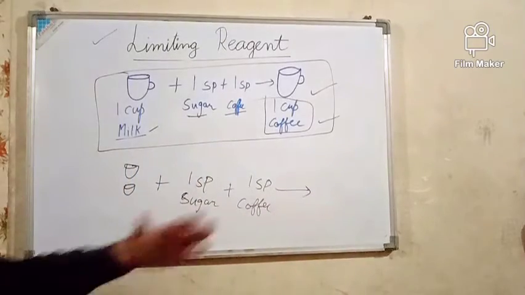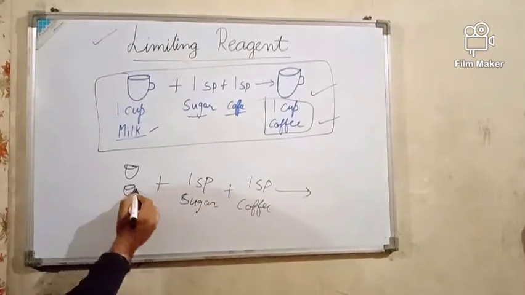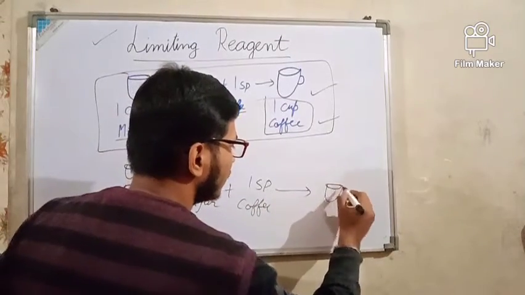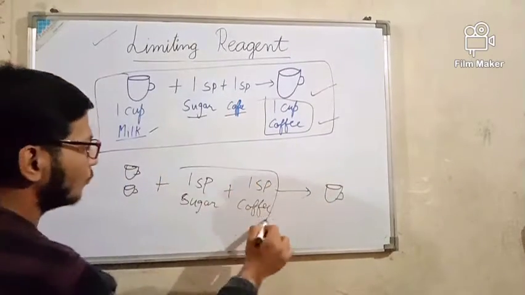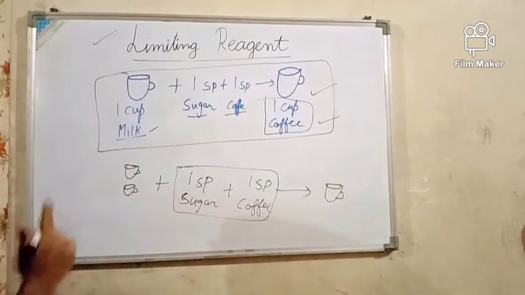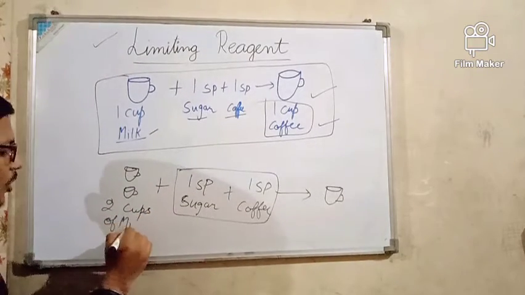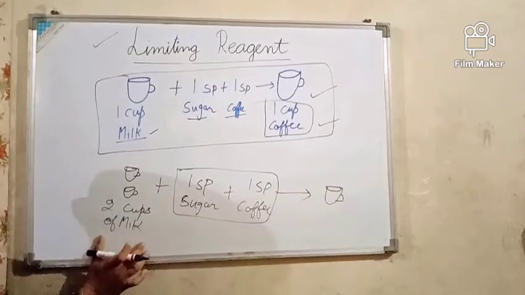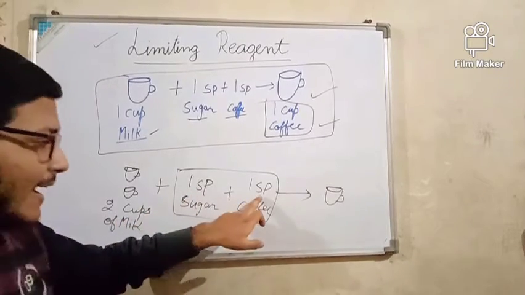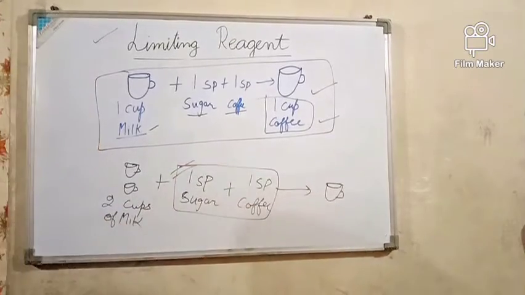So the number of cups of coffee which can be made from these reactants is only 1, because here you have only 1 spoon of sugar and 1 spoon of coffee. Yes, here we have 2 cups of milk, but to make 2 cups of coffee we should have 2 spoons of sugar and also 2 spoons of coffee, but here we have only 1 spoon sugar and 1 spoon coffee.